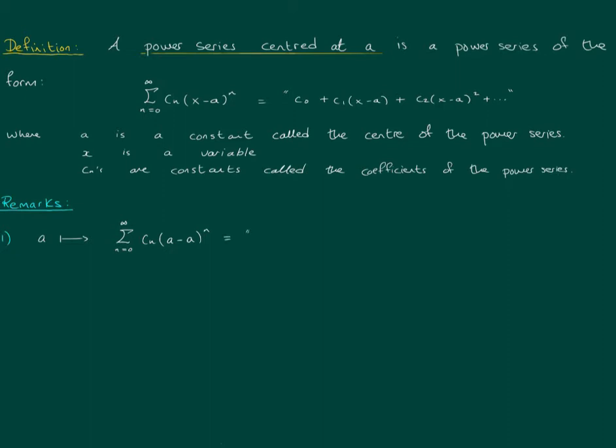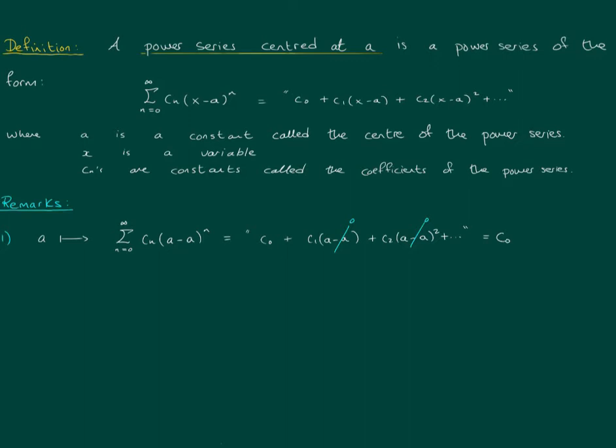Now, if we write that out in the dot dot dot notation, that's c0 plus c1 times a minus a plus c2 times a minus a squared. What do we notice about all these a minus a's? Well, they're all 0. So the only term that survives is going to be c0.